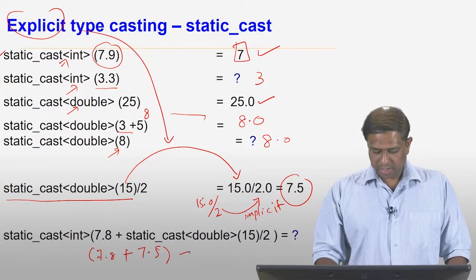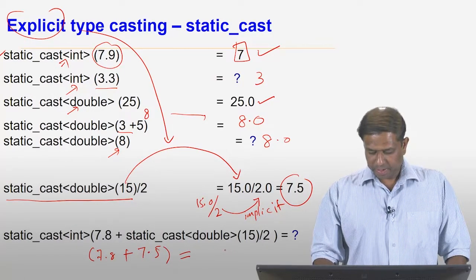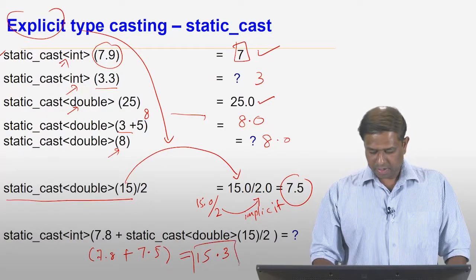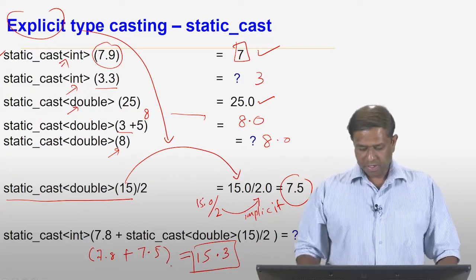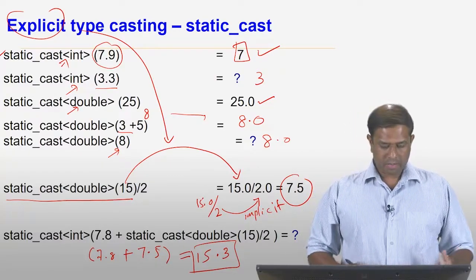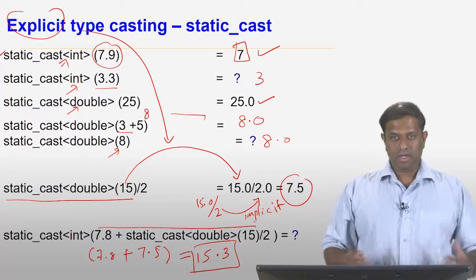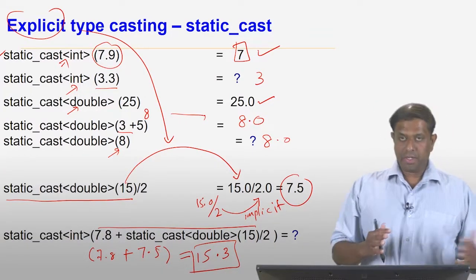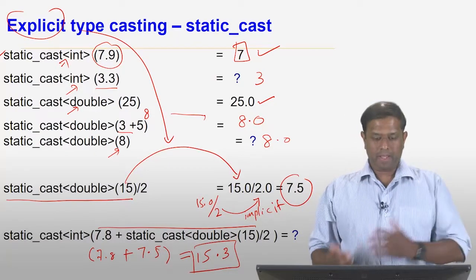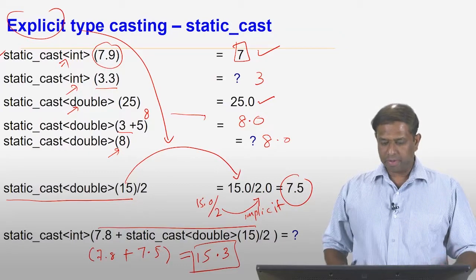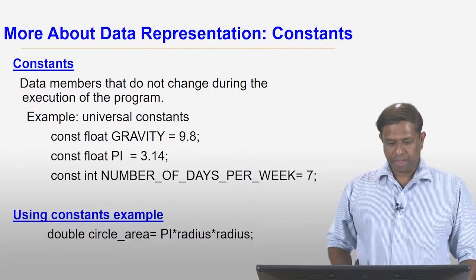That is going to be 15.3. All right. So therefore, in a static cast method, we can put expressions inside the method operation. Then the arithmetic operation will be performed, and it will be typecasted into a double or integer value that we want. Right. Okay.